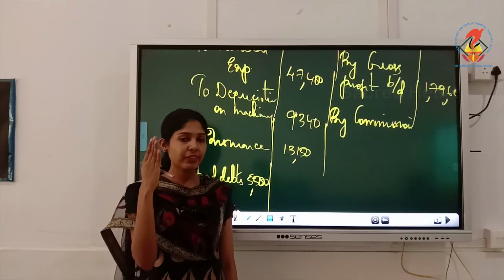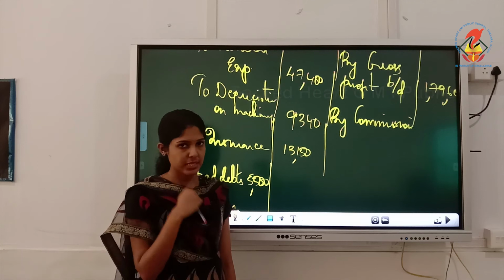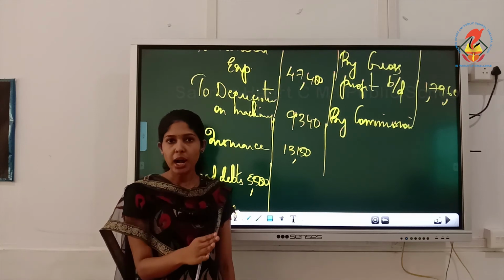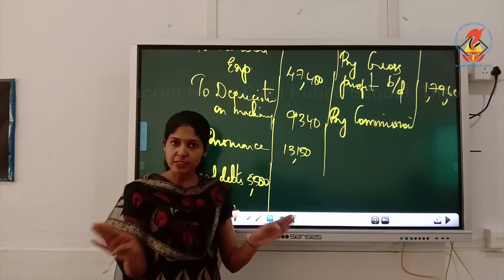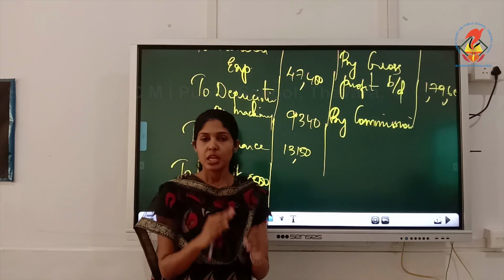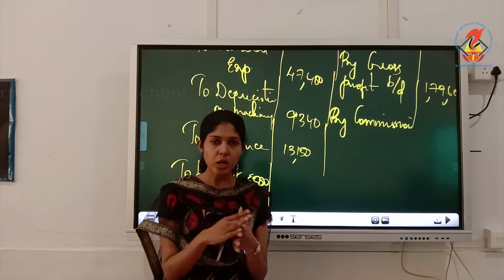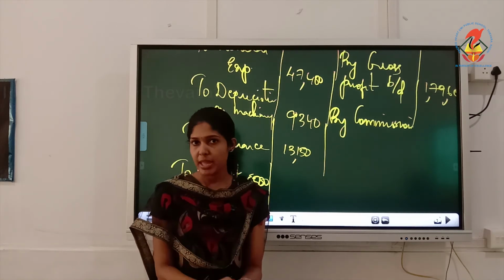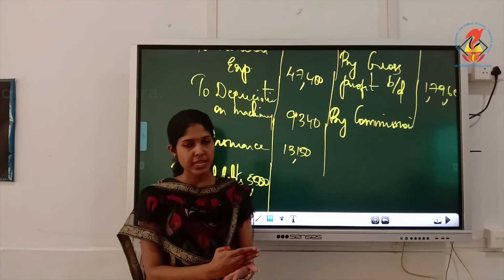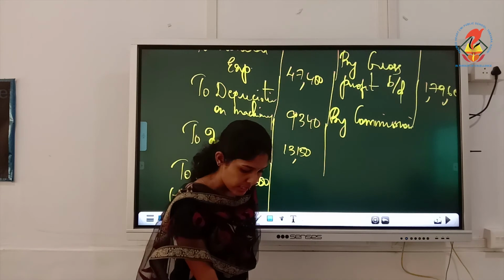Again, you have to see whether it is in the debit or credit column. If it is in the credit column, it is income. If it is in the debit column, it is paid. Not only commission, whether it is rent, salary or interest, if nothing is mentioned, consider it a paid item and debit it in the P&L. Here it is credit, so it's an income, 13,200.